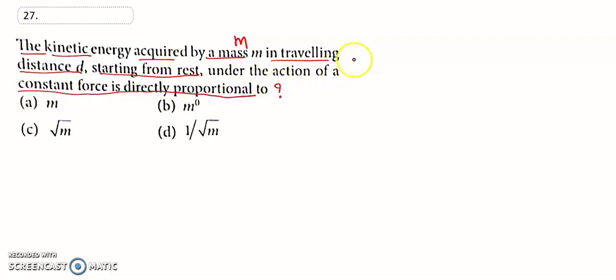So m is mass, d is the distance traveled, and starting from rest, u is equal to 0. So what is the kinetic energy? v square is equal to u square plus 2as. Initial velocity is 0, so that is 2 into acceleration.